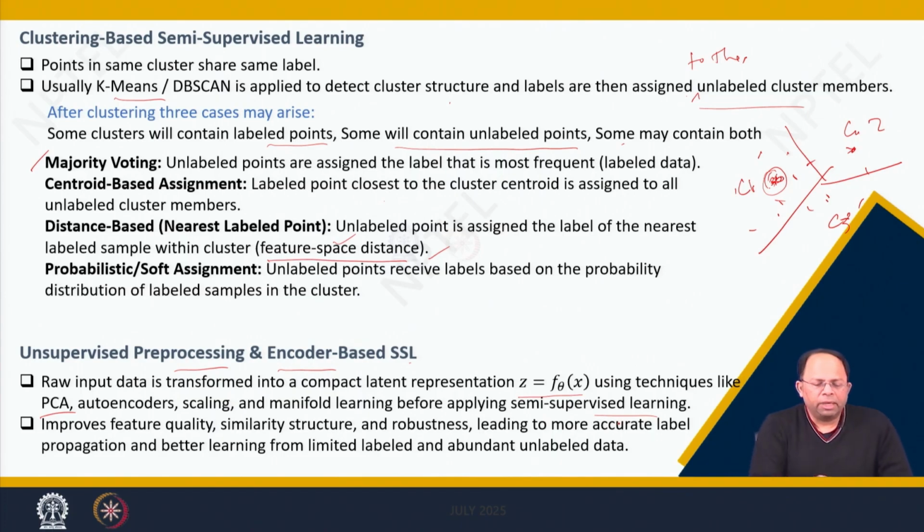This improves feature quality, similarity structure, and robustness, leading to more accurate label propagation and better learning from limited labeled and unlabeled data. Because you are now looking only at the important features, it is better to determine similarity. We already learned what similarity is, and these measures can be more robust, and that helps us in better finding the labels for the unlabeled data.